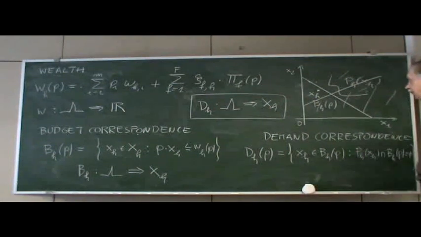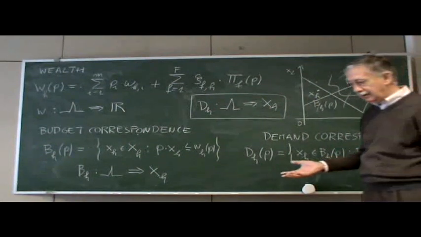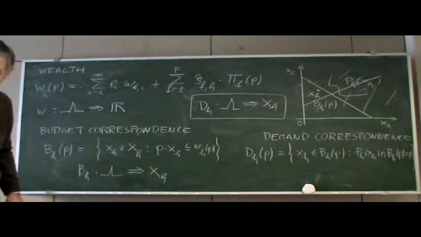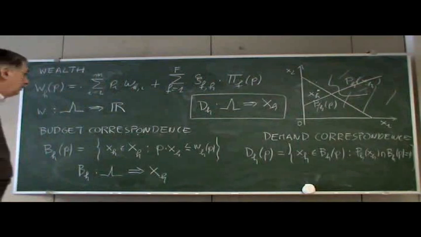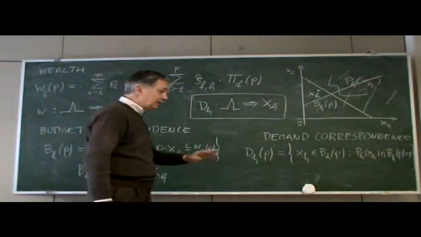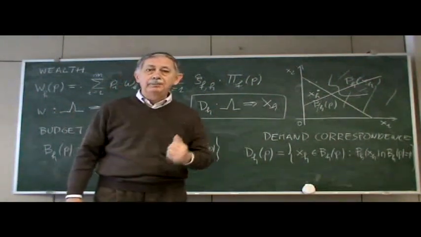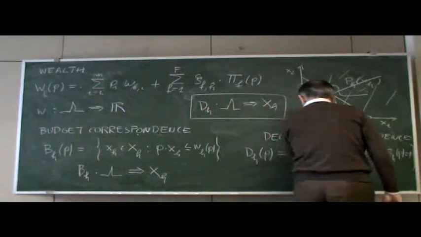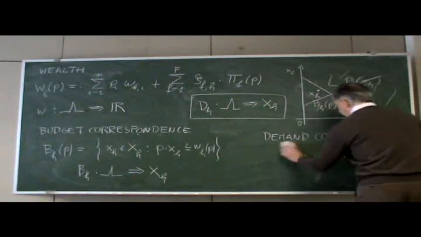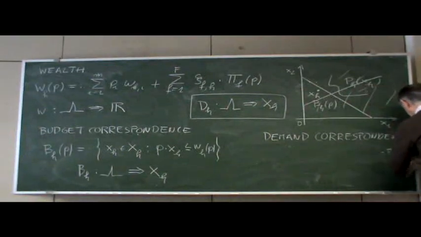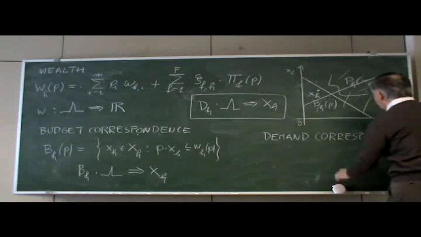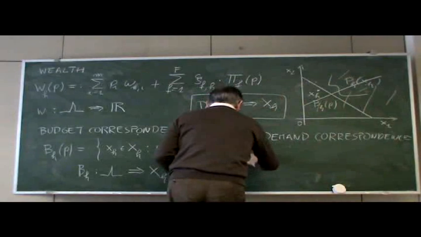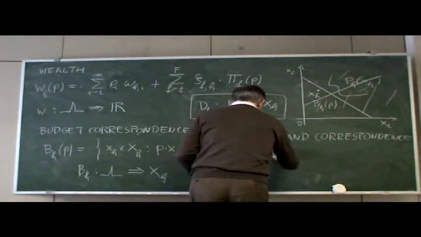Naturally, you can represent preferences by means of a utility function. Clearly, you remember, this problem can be converted in a problem of utility maximization. So the set DH of P, if there exists a utility function which represents our preference relation, can be alternatively defined in this way.